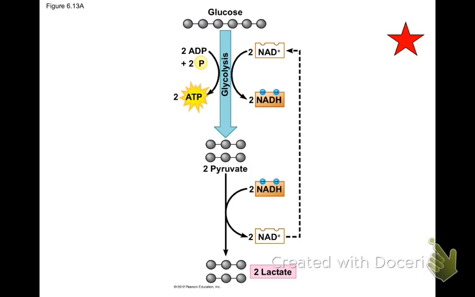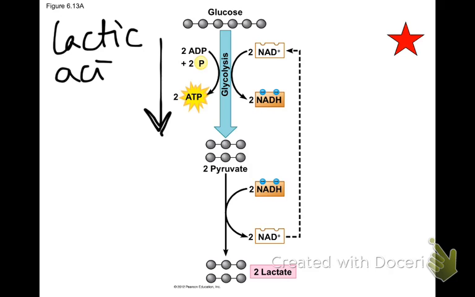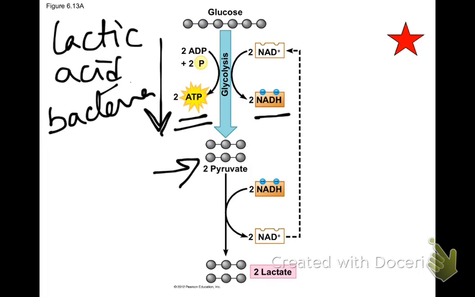So in this particular situation, glucose, the 6 carbon molecule, goes through glycolysis. This happens in lactic acid bacteria. At the end of glycolysis, obviously I have 2 pyruvate, 2 ATP and 2 NADH.